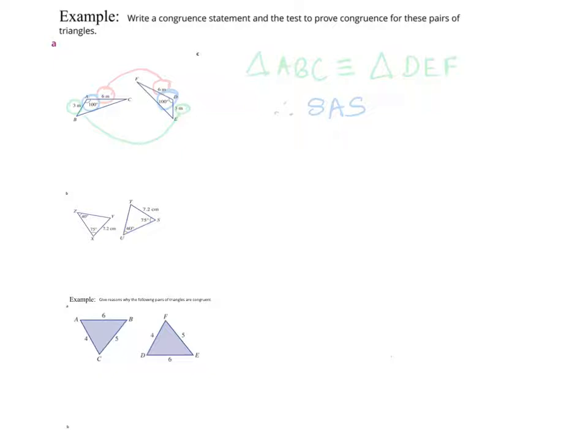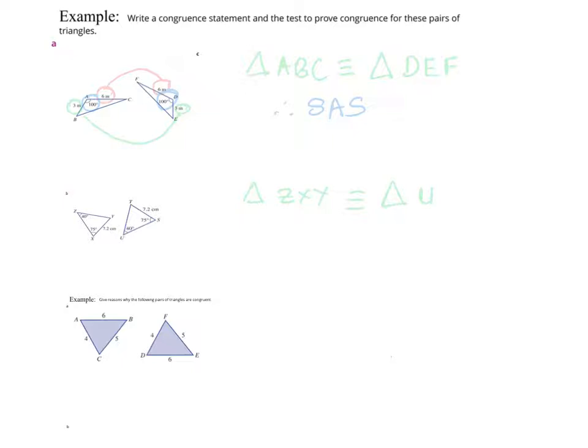So let's do the same procedure for the next one. So I'm going to go triangle ZXY is congruent to. Now, what order do these go in? Well, you can see the angle on Z is 40 degrees, so I have to start with U for the next one because that's where the 40-degree angle is.